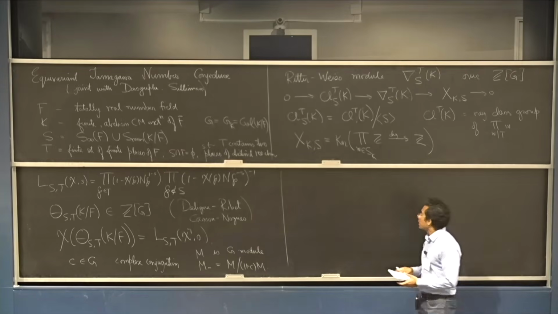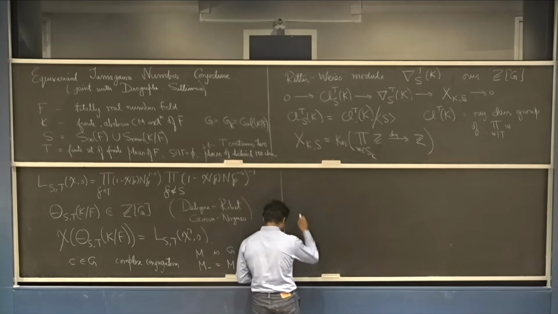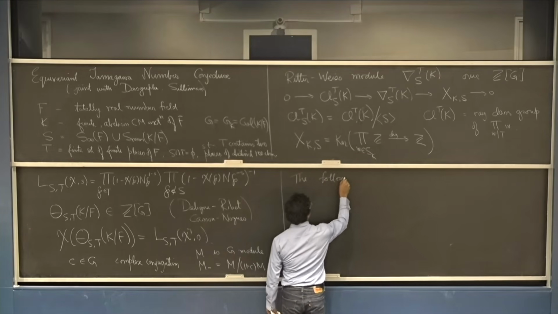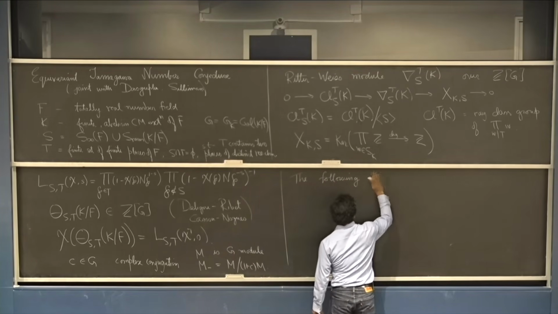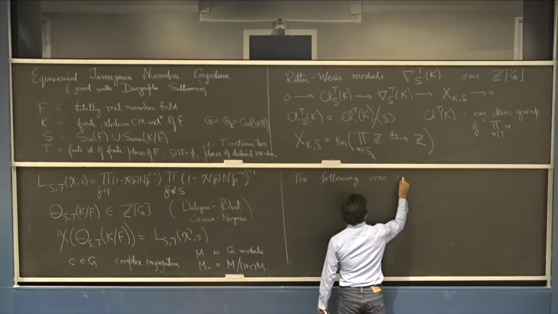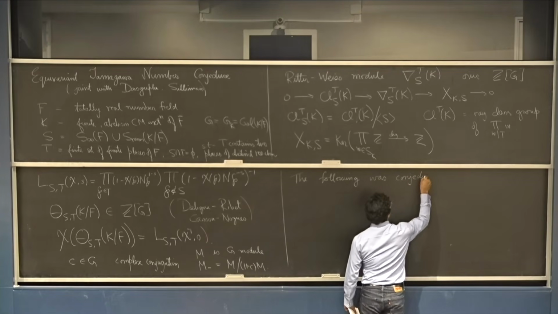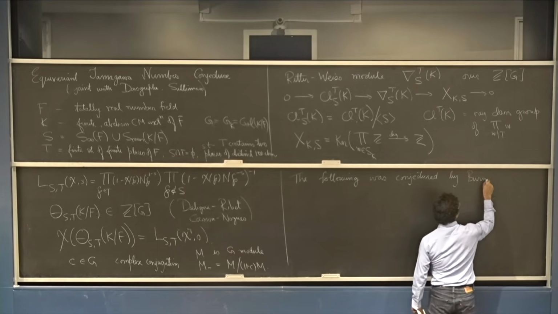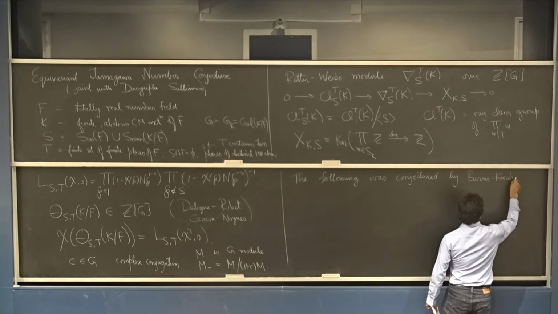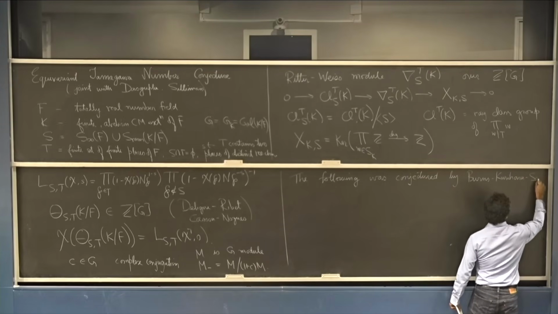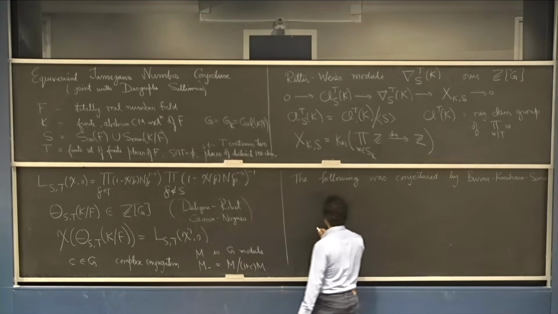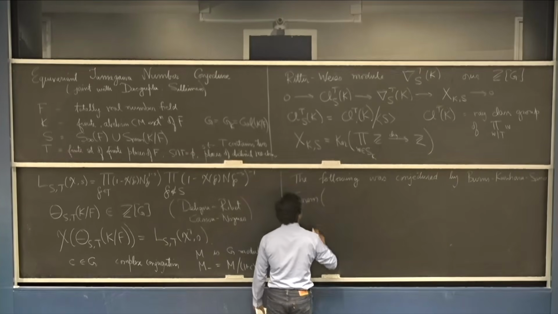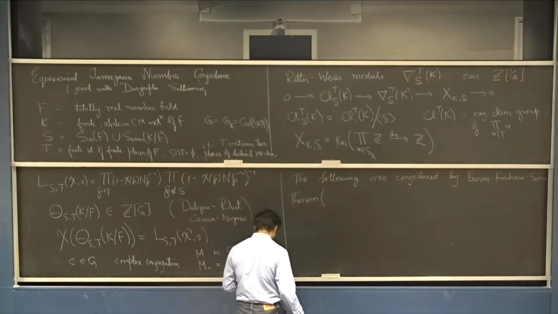So here's the conjecture that was made by Burns, Kurihara, and Sano. And we proved it first away from p equal to 2, and then also at p equal to 2.